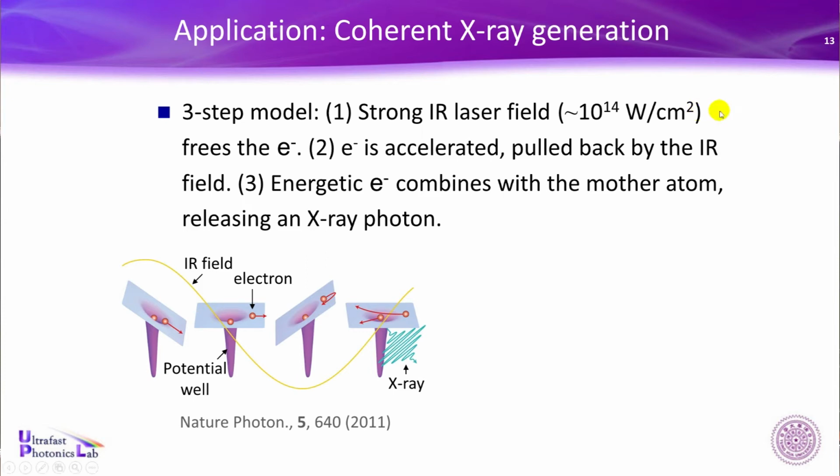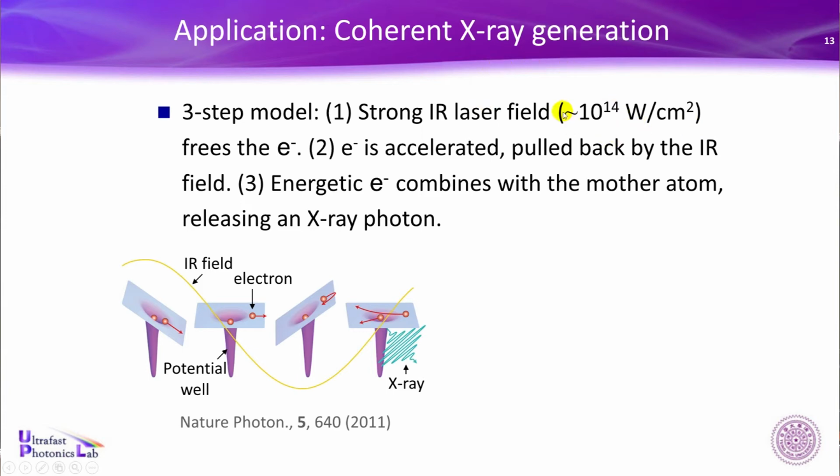But in the presence of an external electric field, like the light field, your potential well will be strongly distorted. If the distortion is very large, then the electron is no longer well confined. It's possible to be released, kicked out.